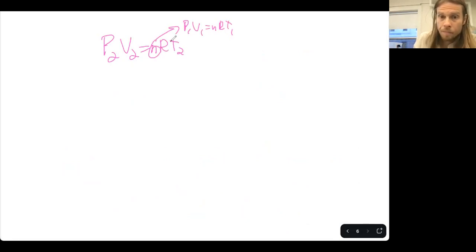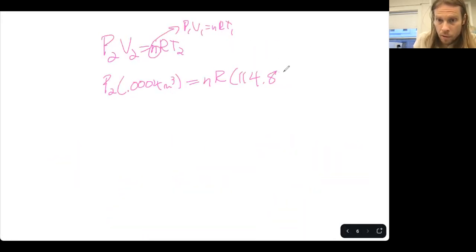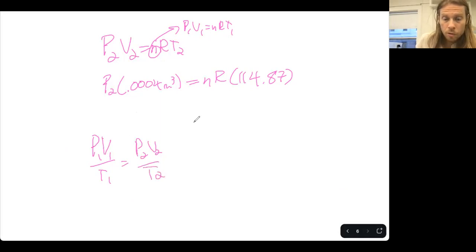And then I can plug in P2 times 400 milliliters, which would be this in cubic meters, equals nR times T2, which was 114.87. And I can solve for P2 this way. Another clever thing to do is using ratios. If P1V1 over T1 equals P2V2 over T2, you can use that.